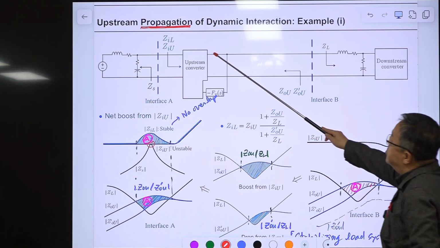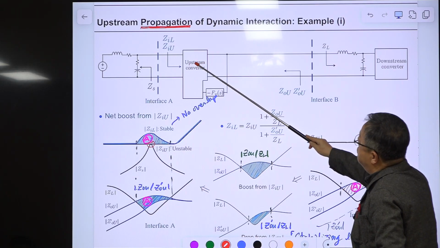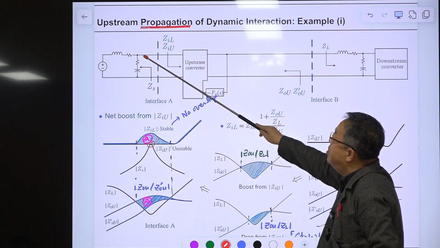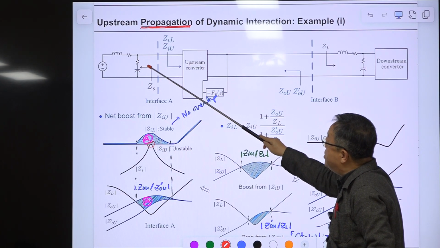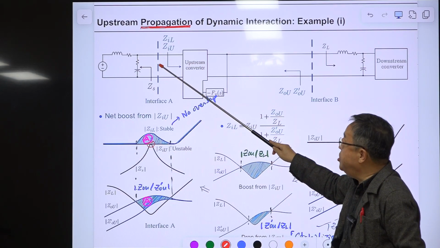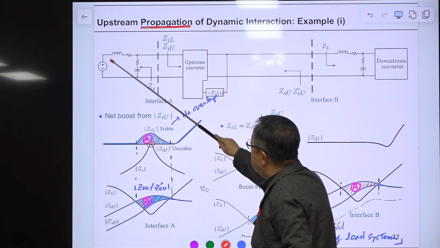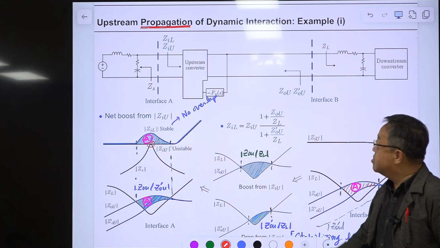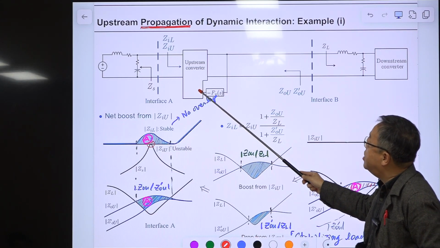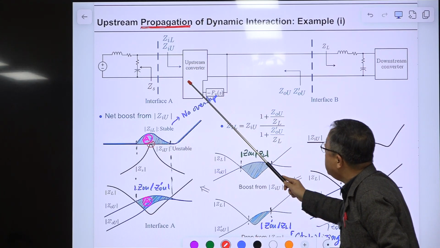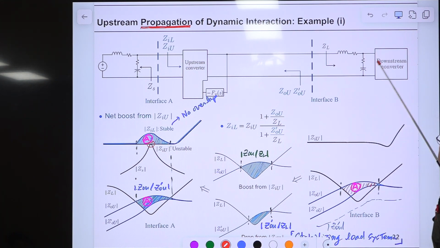So we have upstream converter, and previously upstream converter there was an ideal DC source, but in here there is ideal DC source, and this is the input filter. Okay, so this upstream converter has input filter in front of that, and that's connected to this downstream converter with line filter.